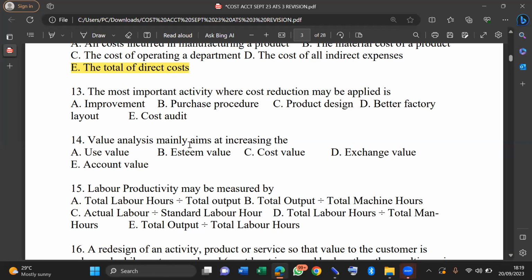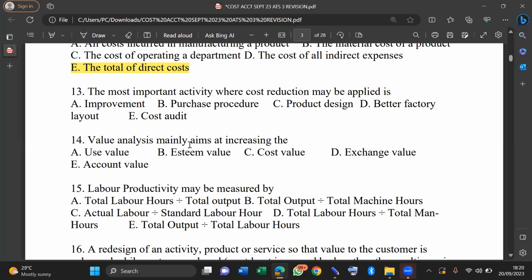Product design is the stage at which the company designs its product, the product that will be launched into the market. Product designing is still at the preliminary stage, and that is actually within the organization.